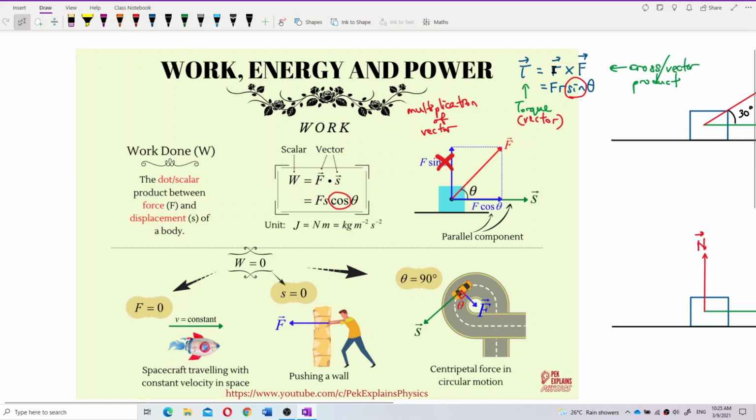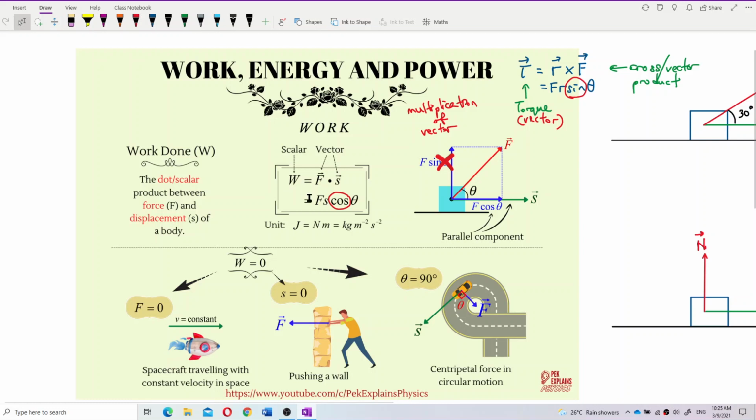But for the dot product between force and displacement, multiplying these two vectors gives a scalar quantity, work done. That is why work done is just a scalar quantity with no direction.